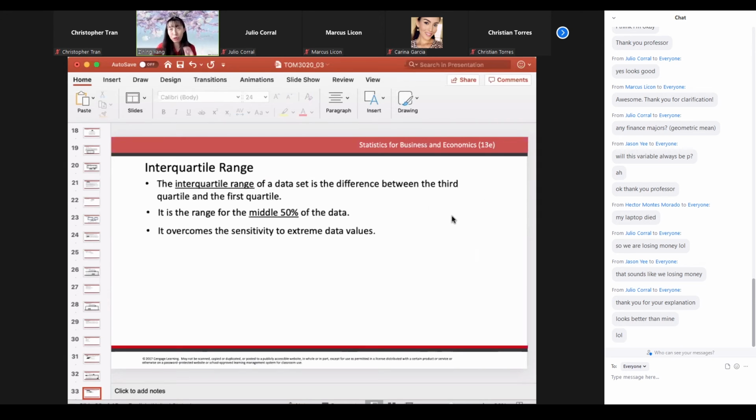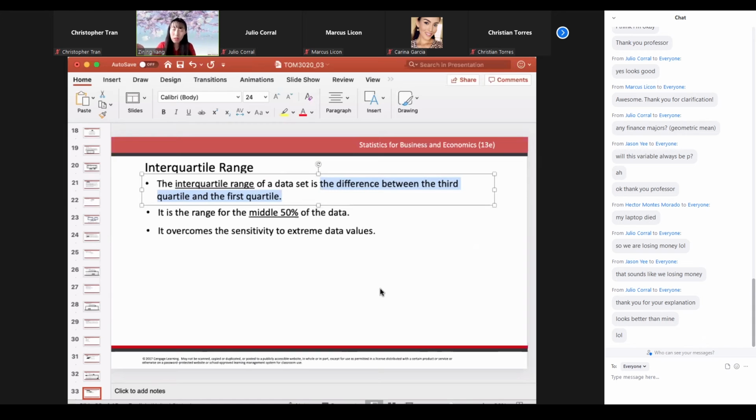And in order to fix that, people invented the second concept, the interquartile range. The interquartile range is the difference between the third quartile and the first quartile. So remember, the third quartile is your 75th percentile, and the first quartile is obviously the 25th percentile.